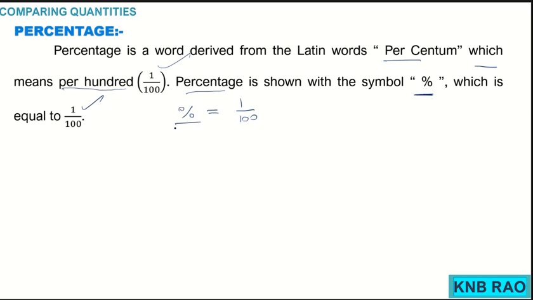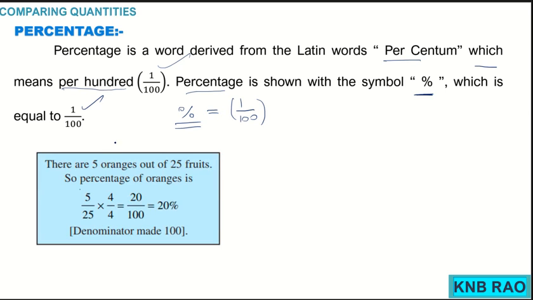Whenever you come across the symbol, you can replace it with 1 upon 100. Let me give you an example for the old question, the apples and oranges question. There are 5 oranges out of 25 fruits. So the percentage of oranges is 5 out of 25.